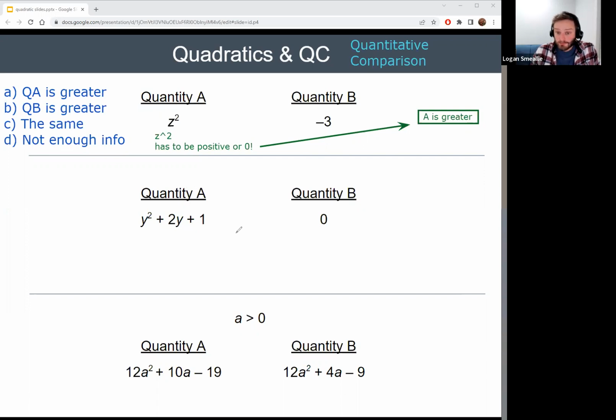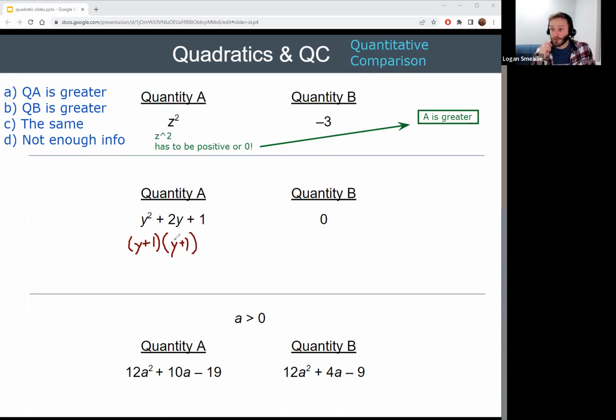Down in number 2, we're going to see something very similar happen. Sometimes people do this, but this is not quite the way. They see y squared plus 2y plus 1, and they reverse foil that. They say, okay, y plus 1, y plus 1. Maybe this is from a reverse foil mental process, or maybe it's from remembering those special products.